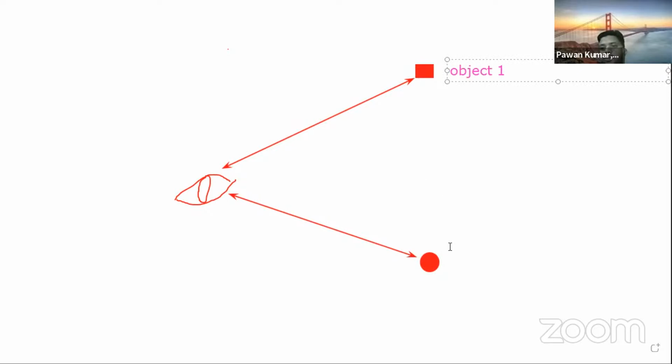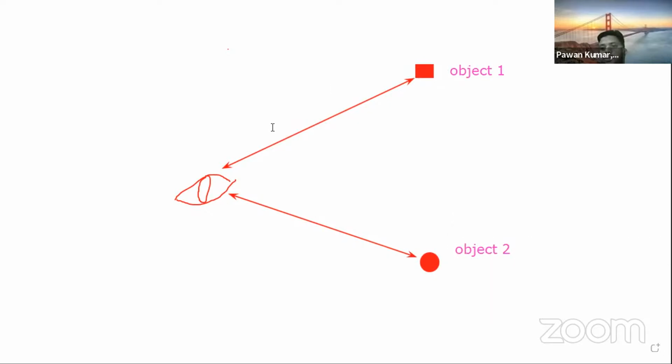This is my eye, so I can put one line of sight here. This is object 1, and this is object 2.